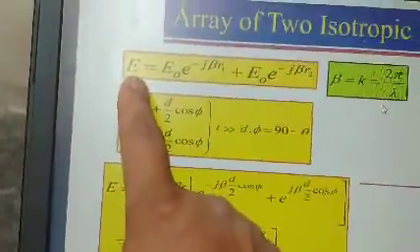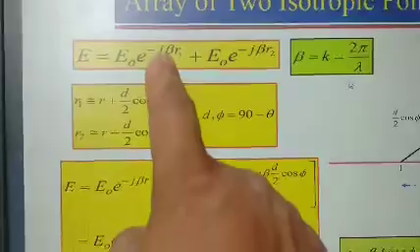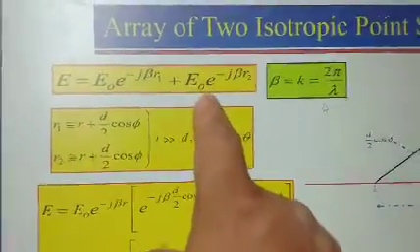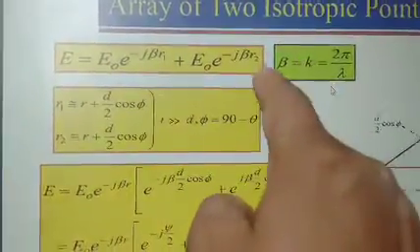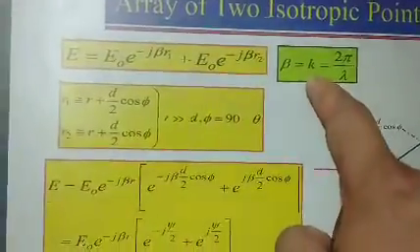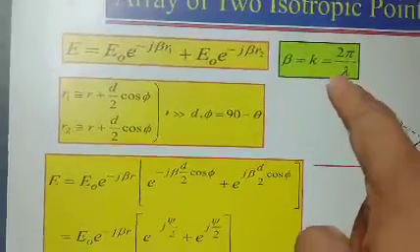Basically, the equation E is equal to E0 e raised to minus j beta r1 plus E0 e raised to minus j beta r2. Beta is the phase constant, equal to k, which is equal to 2 pi by lambda. Lambda is the wavelength.